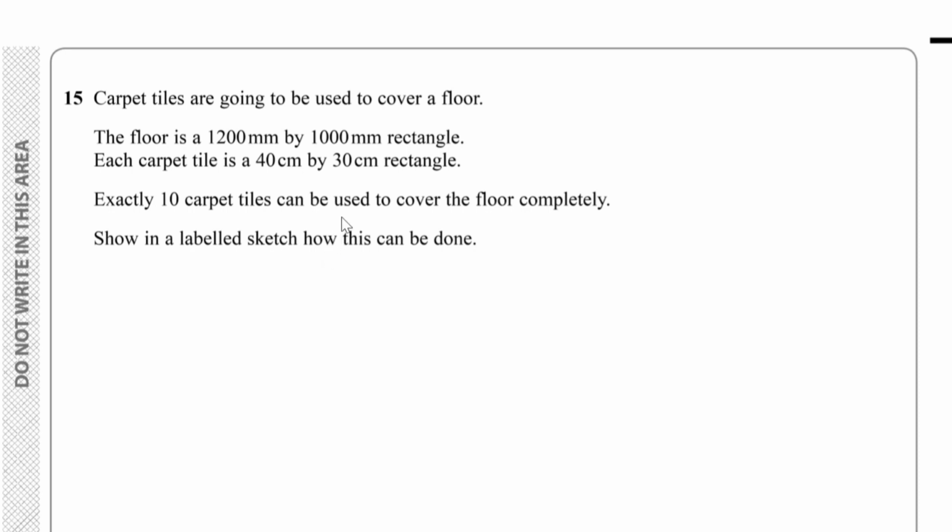Well, what we can do is convert the centimeters to millimeters by timesing by 10. So from centimeters to millimeters, we times by 10. Millimeters to centimeters we divide by 10.